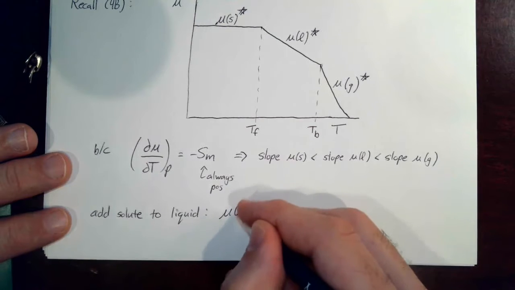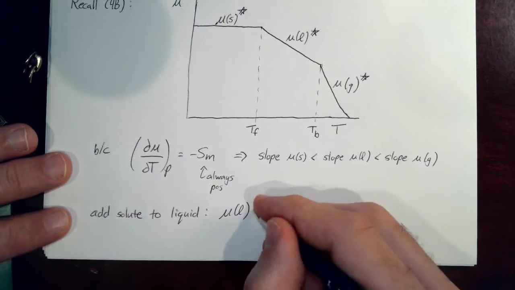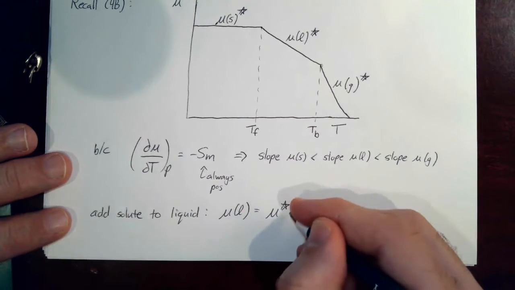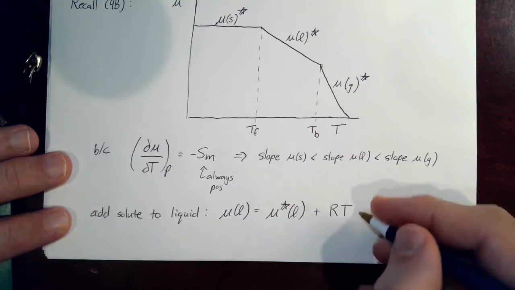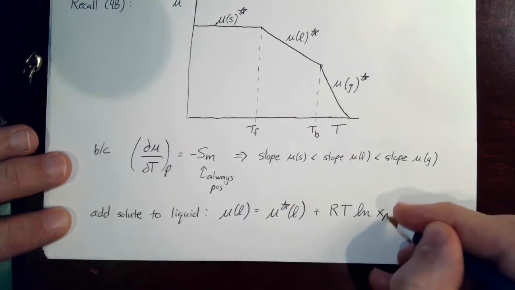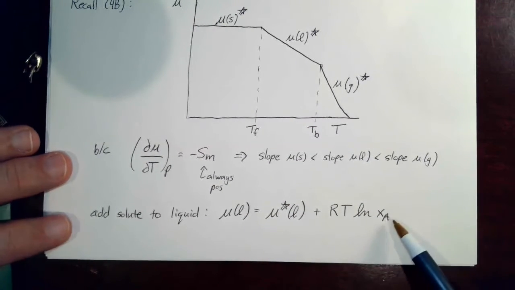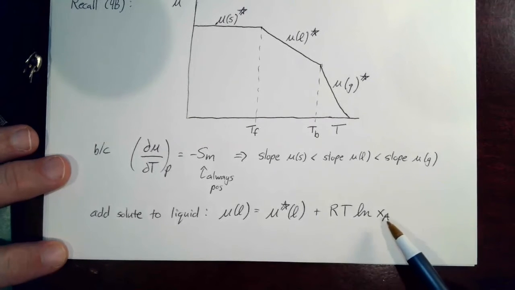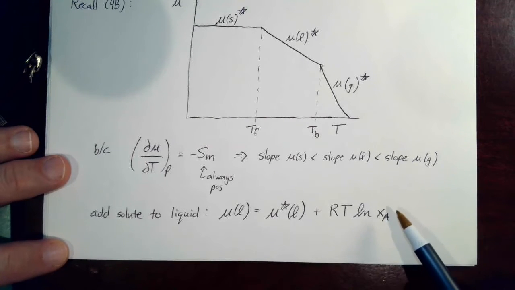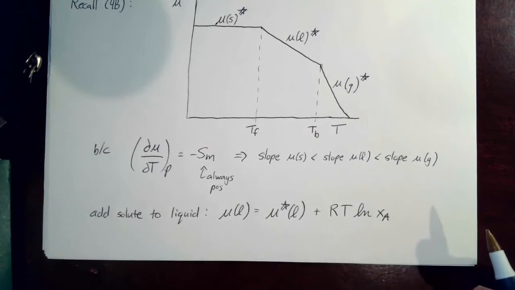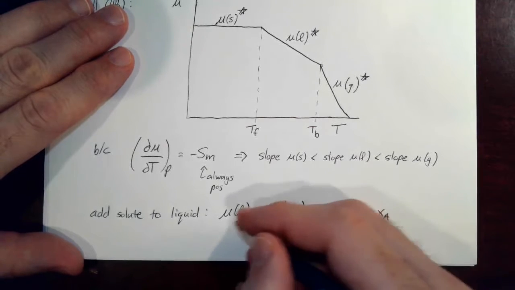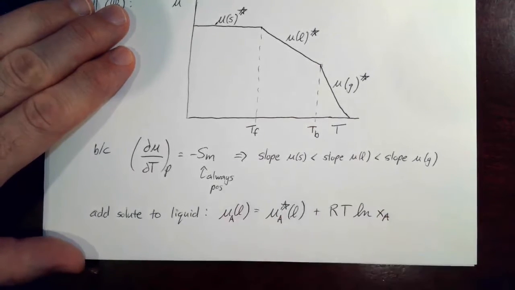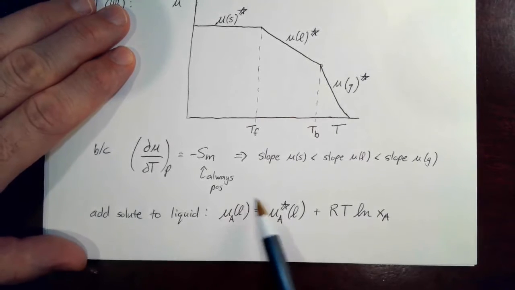The new chemical potential will be the pure chemical potential plus RT ln XA, which is the mole fraction of A. A in this case is our solvent. And for consistency, I'll go ahead and put A's on these because the liquid is our solvent. So this is the chemical potential of the solvent.